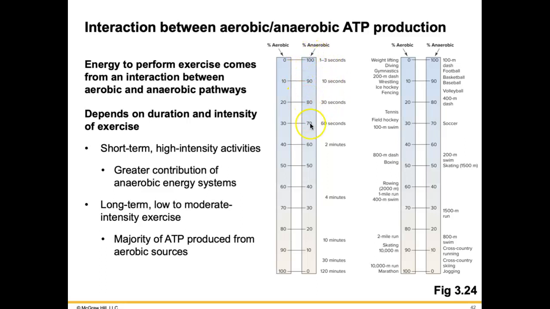Depending on the duration, you could see some of those activities on the right-hand side here where it says anaerobic. And then when we have more long-term or low to moderate intensity exercises, you could see the shift where we are going to use a greater percentage of our aerobic energy systems to create ATP. Some of those activities are listed here on the left side.